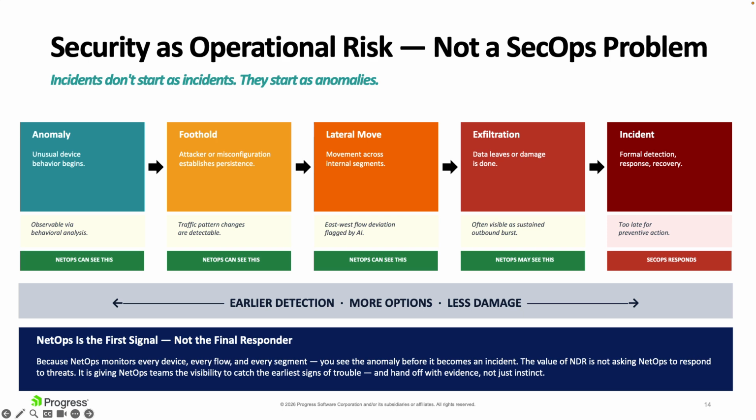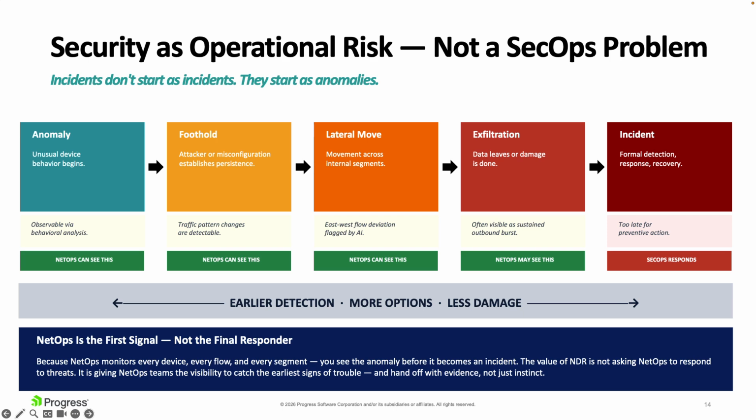Because network operations monitors every device, every flow, and every segment, you can see the anomalies before they become an incident. So the value of the behavioral intelligence is not asking network operations to respond to the threats, but giving the network teams the visibility to catch the earliest signs of trouble and hand off with evidence, not just instinct.